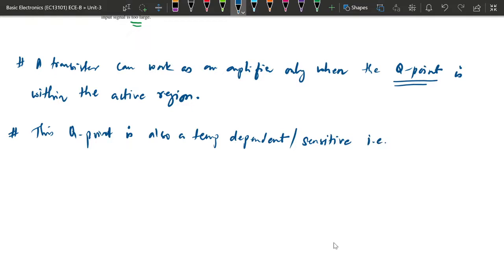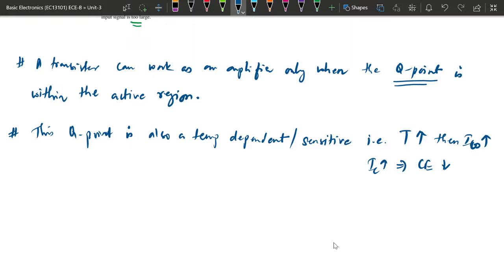That means if we increase the temperature, then ICO, the leakage current, will increase. We have seen that for every 10-degree rise in temperature, ICO doubles. So if ICO increases, IC will increase. If IC increases, then the VCE value will decrease. Because of the temperature also, IC and VCE are going to change.